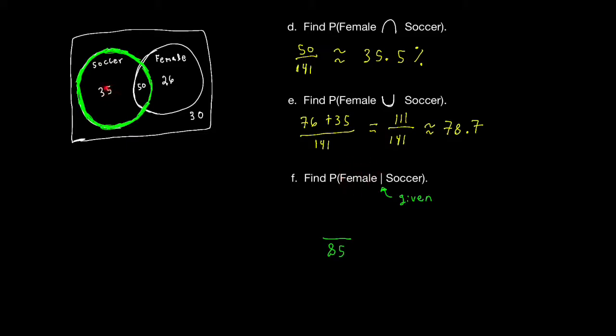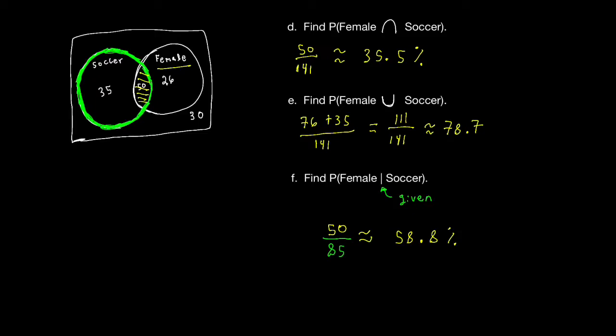So these two numbers mean two different things. The 35 are the people that like soccer, and the 50 are the people that are female. Remember, these 50 are inside that other circle of female. So here we have a 50 out of 85 probability. And if we input that in a calculator, our percentage is going to be approximately 58.8%.